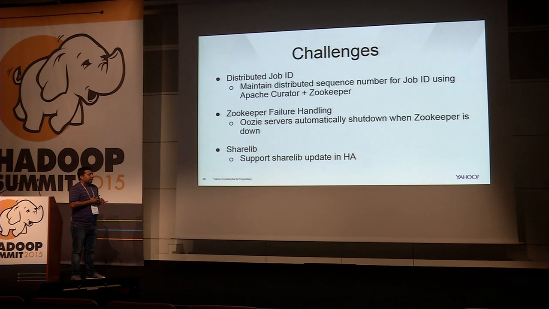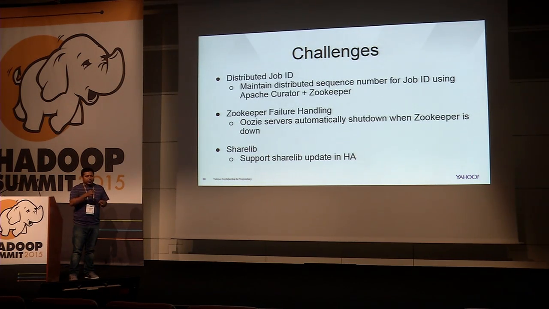Sometime back, we worked on ShareLib. This is one of a very good case. We noticed that a lot of people submit their Pig job, Hive job, HBase job. Earlier, they used to bring their own libraries, and there were conflicts. Every time we changed the Pig version or the Hive version, they had to go and update their libraries. We introduced something called ShareLib, where Oozie maintains a list of jars needed for Pig, Hive, and HBase, and users just say that they need to use the Pig jars.